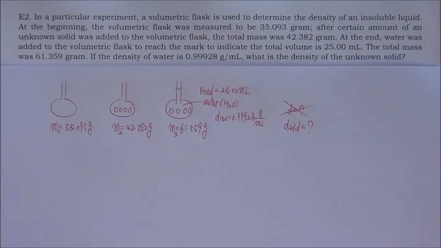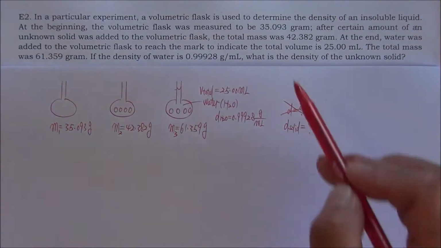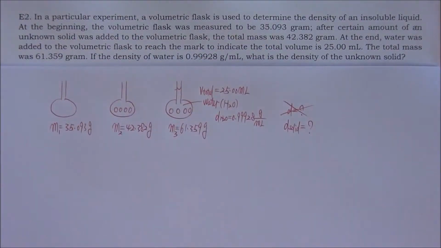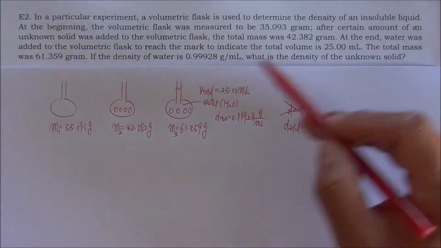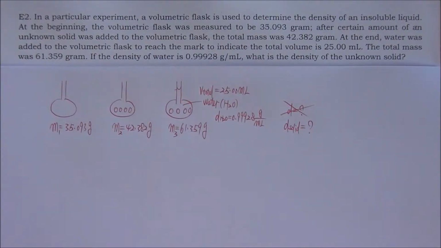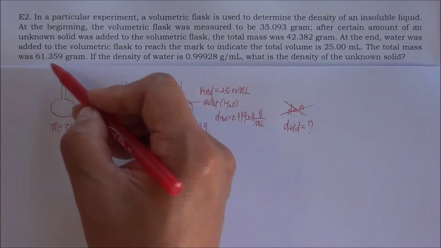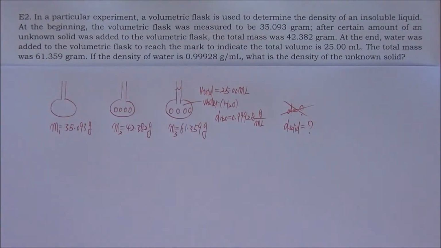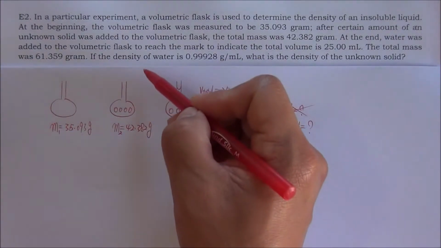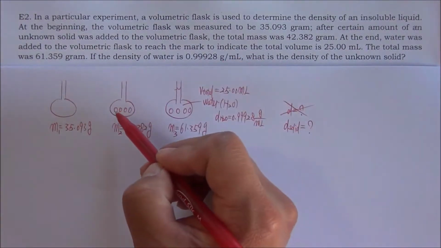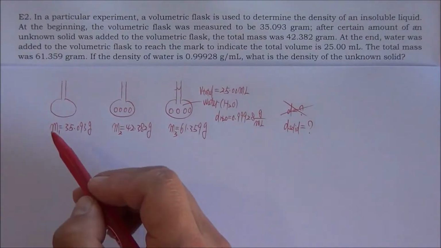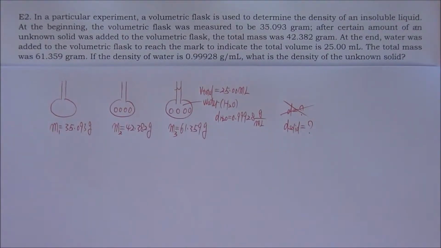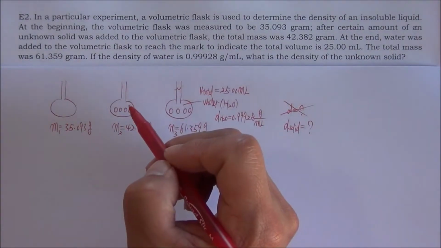The second step of using SAW is to analyze. We want to start from what we are given to find a path to what we are looking for. Well, let's start from what we are given. Let's see what we can get directly. Since we know the mass of the empty volumetric flask, and we know the mass of the flask with the solid, from these two masses, we can find the mass of the solid only.